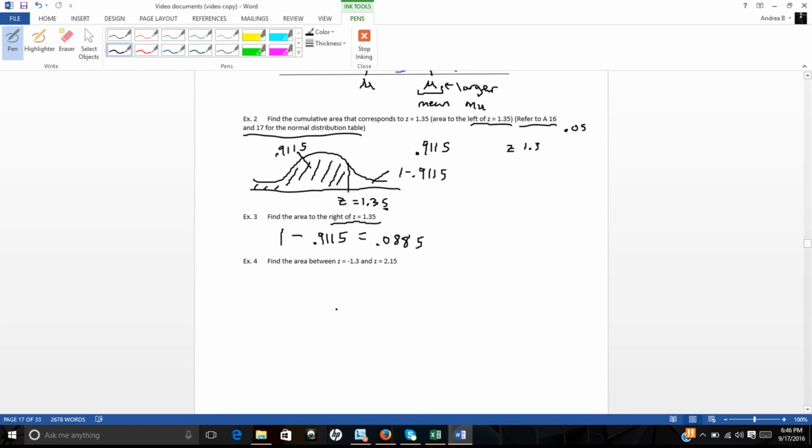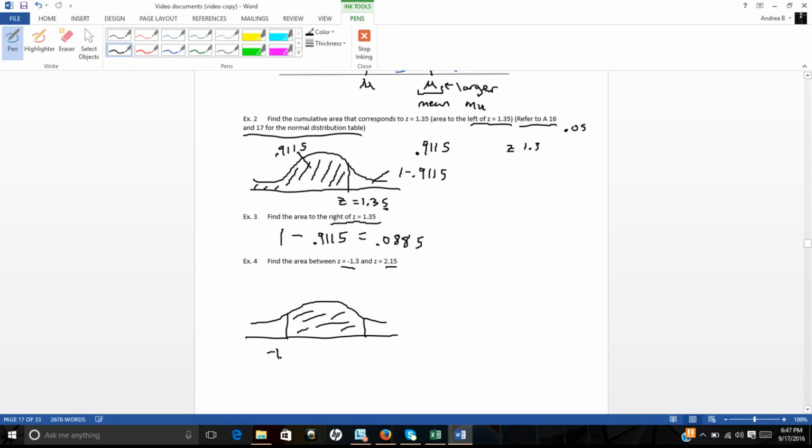And then for this last one, example 4, we want to find the area in between these two z-scores. So if we're thinking of this on our normal curve, a negative z-score would be on the left side of our curve somewhere. 2.15 is positive, so it would be on the right-hand side, and we're trying to find the area in between those two values, this shaded area in here.